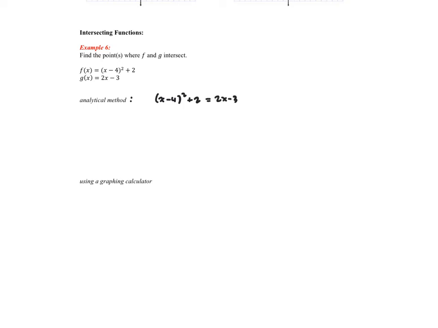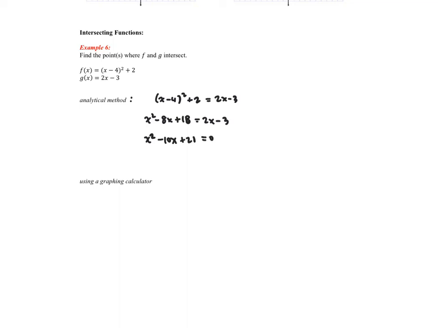Okay, so I'm going to FOIL x minus 4 squared, which is x squared minus 8x plus 16, and I'm going to add the 2 to that, so that'll make plus 18. Probably going to have to use some factoring methods here, hopefully not the quadratic formula, but it looks like I get x squared minus 10x, combining like terms, plus 21.